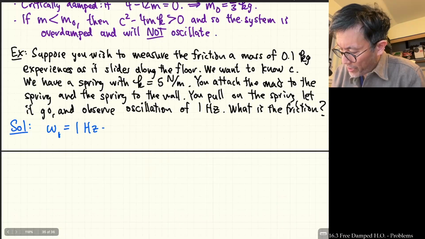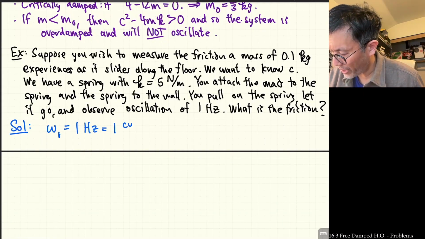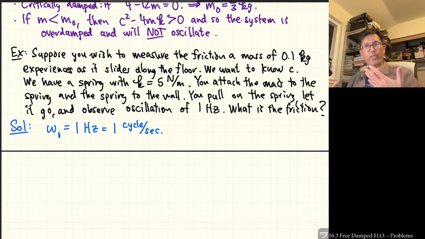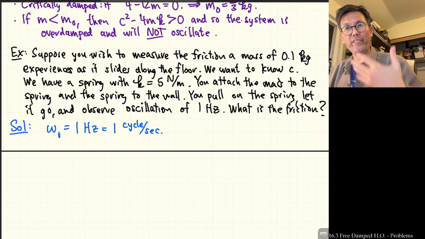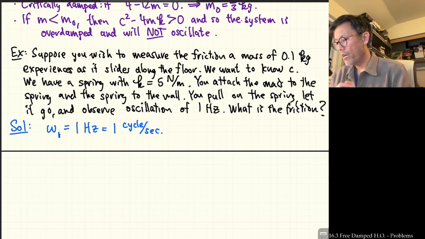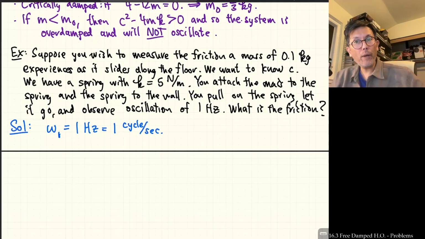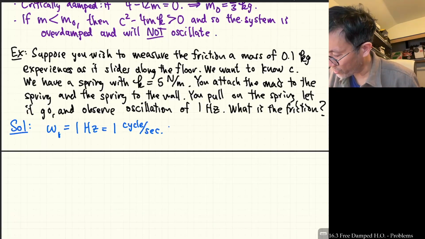And just as a reminder, 1 hertz is 1 cycle per second. That's what a hertz is. So 10 hertz is 10 cycles per second. What is a cycle? A cycle is 2 pi radians. So this is just equal to 2 pi radians per second.